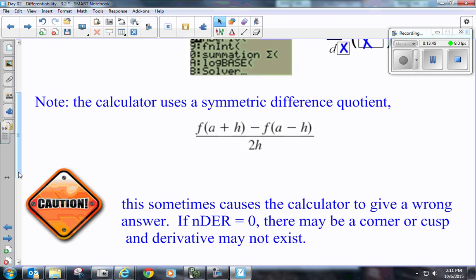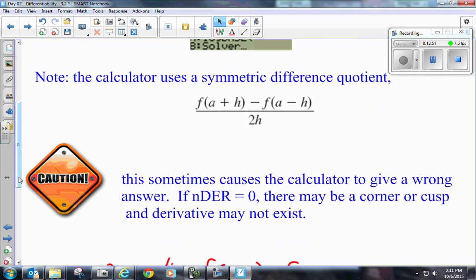Now, sometimes the calculator gives a wrong answer. If you use enter and your answer is 0, sometimes you've got to take a look at it, because there may be a corner or a cusp, and the derivative might not actually exist there.